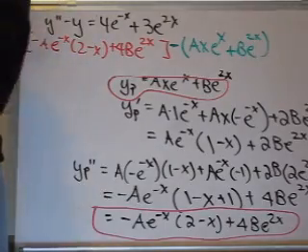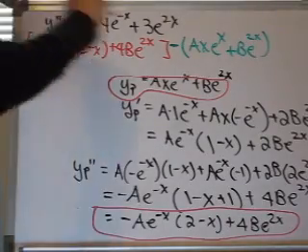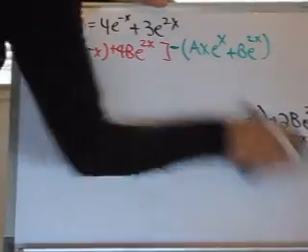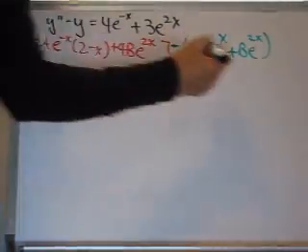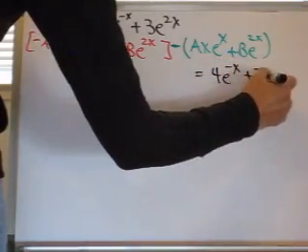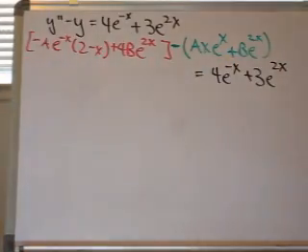And that all has to equal the expression on the right-hand side, which is 4 e to the negative x plus 3 e to the 2x.